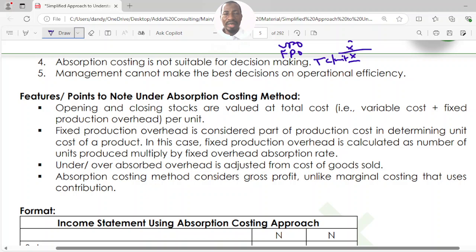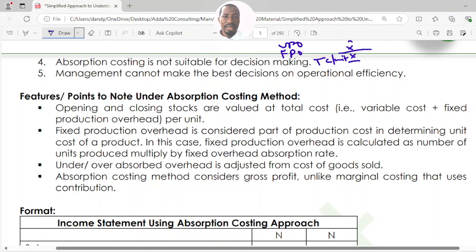Unlike marginal costing that does not concern itself with overhead absorption, absorption costing recognizes it. Again, the absorption costing method considers gross profit, unlike marginal costing, which uses contribution.